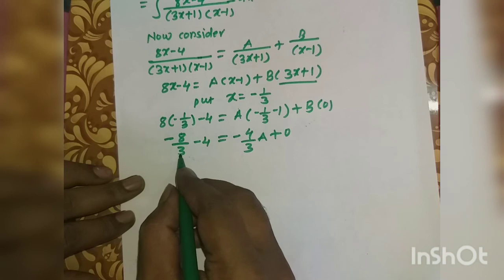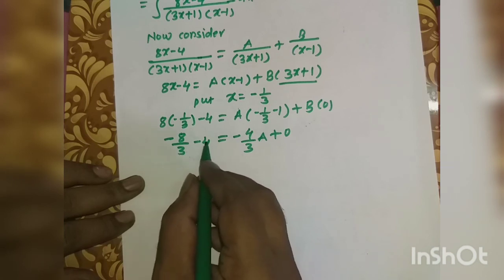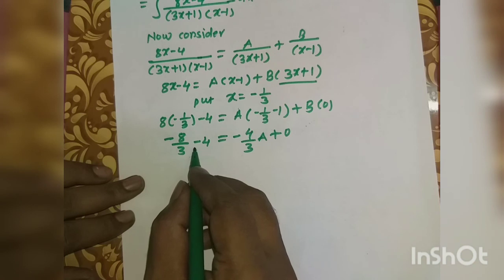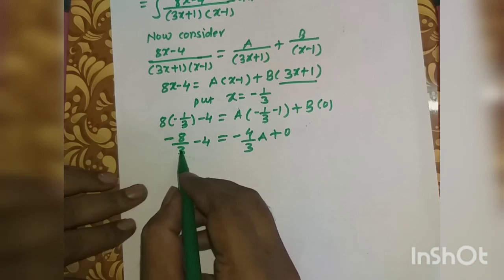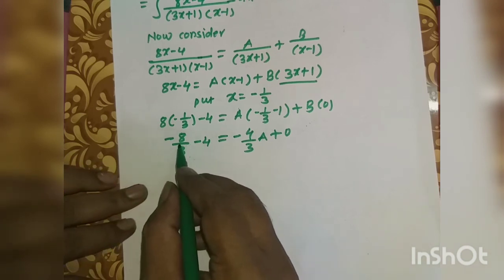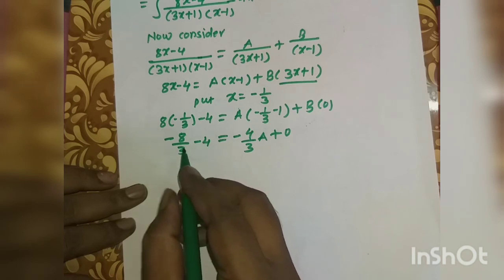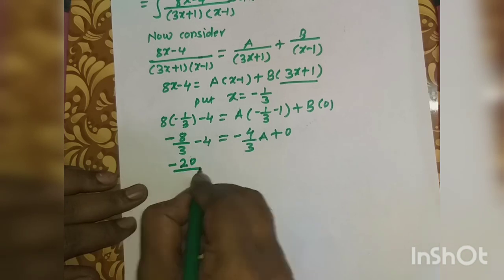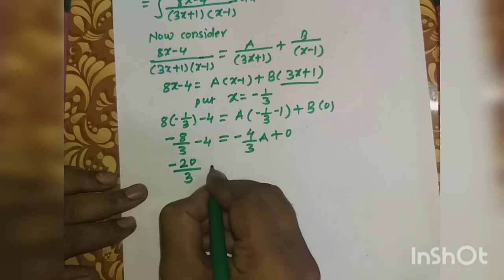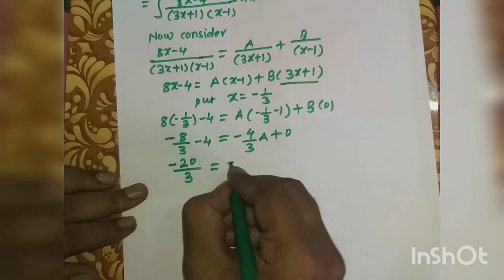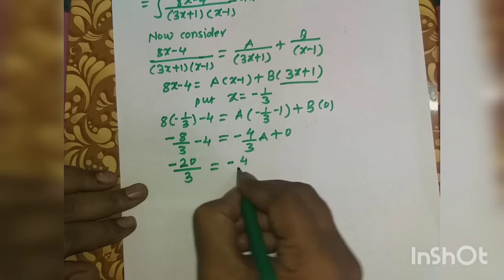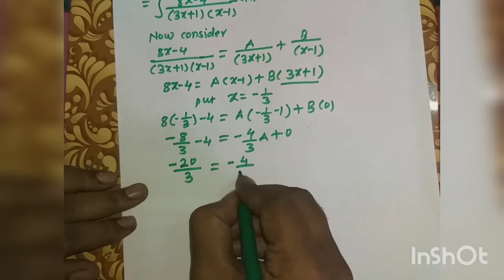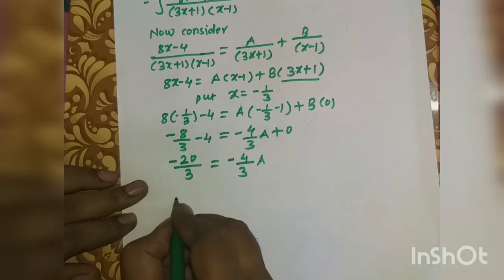The signs on the left side are the same, so we take the sum: 3 into 4 is 12, so minus 8 minus 12 is minus 20, and minus 20 divided by 3 is equal to minus 4 by 3 into a.